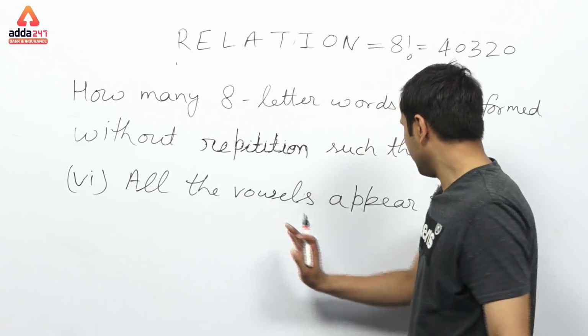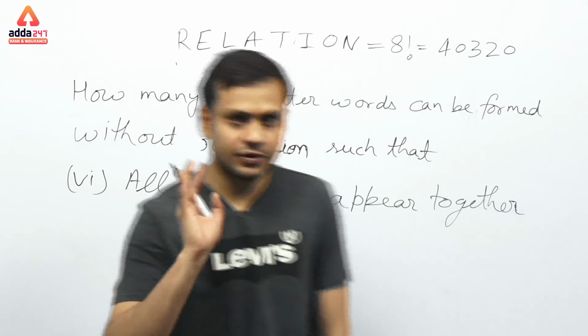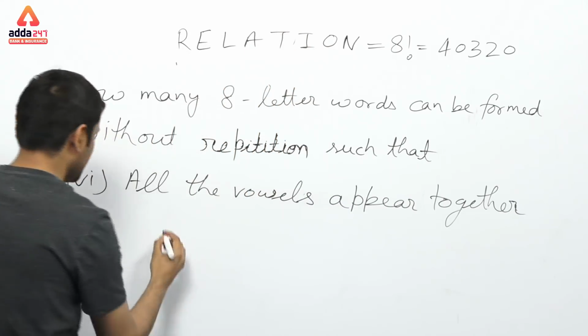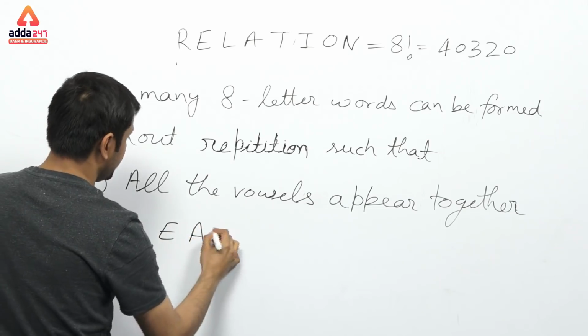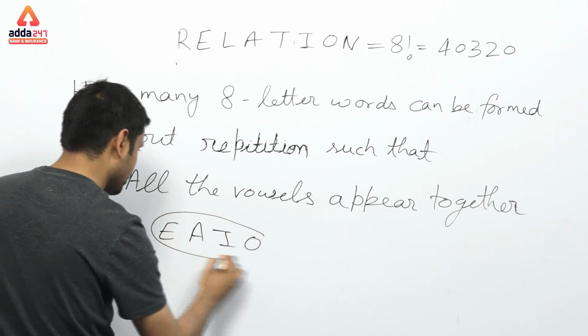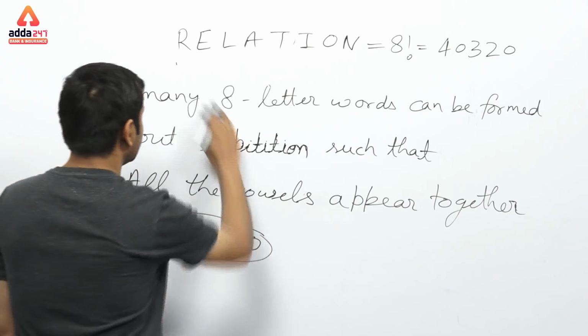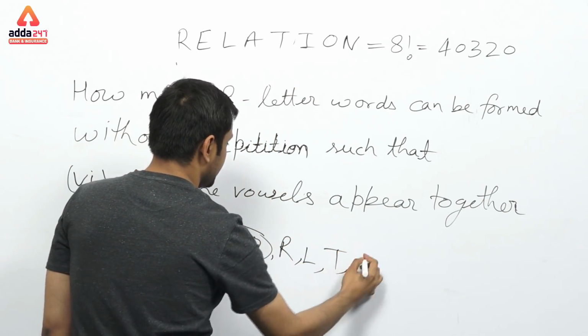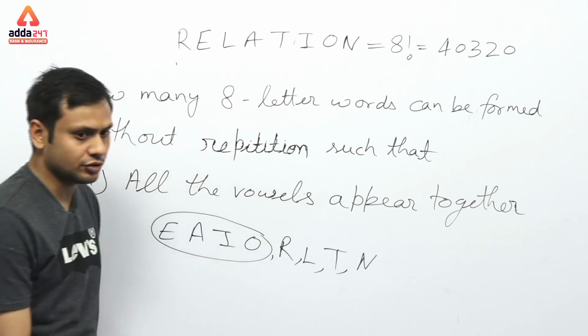Okay, so all the vowels appear together. Again, if you think about this thing, how many vowels are there? 1, 2, 3, 4. So there are 4 vowels, E, A, I and O. Let's bound them together, right? And then the consonants are R, L, T, N. So overall how many groups are there?